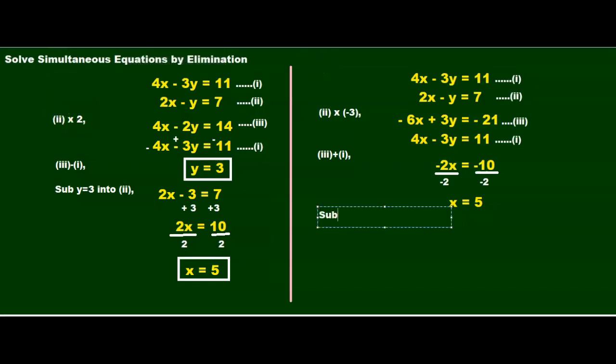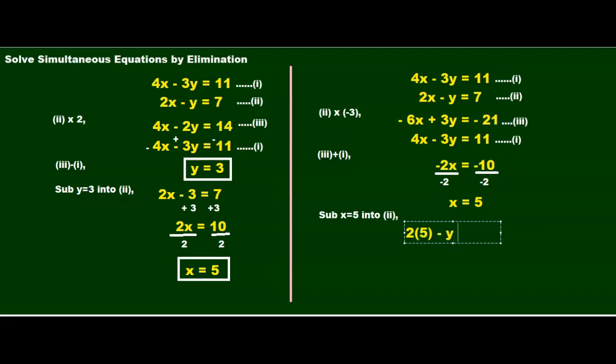Okay? I'm going to substitute x equals 5 into equation 2. Just because, once again, equation 2 has smaller numbers. You can substitute it into equation 1 if you want. It doesn't really matter. So now I have equation 2 is 2x minus y equals 7. Now x is 5, so I'm going to change my x to 5.